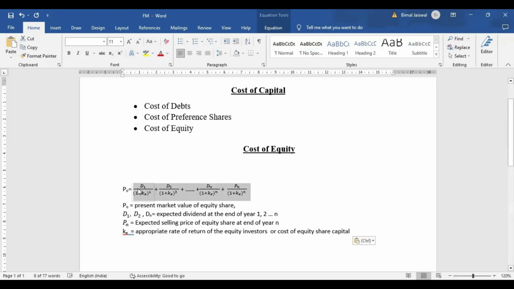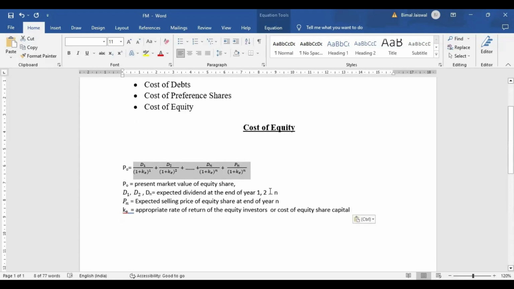And we have to bring the summation of the right hand side equal to the value of the left hand side. The rate of KE at which the right hand side equals the left hand side will be called the cost of equity. Very simple method, the same as we did earlier.